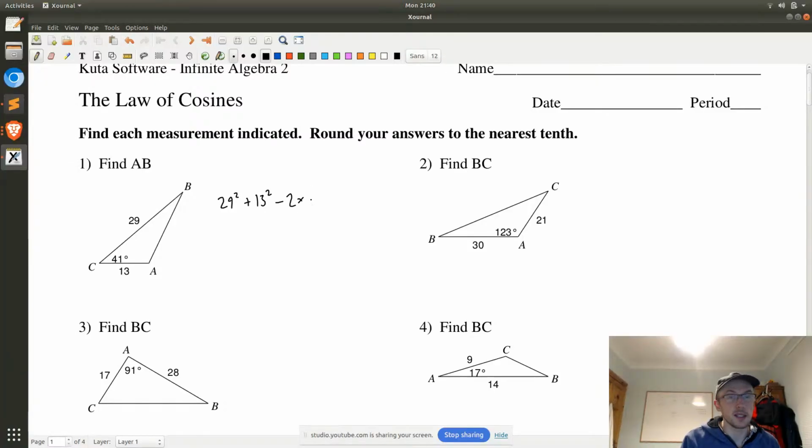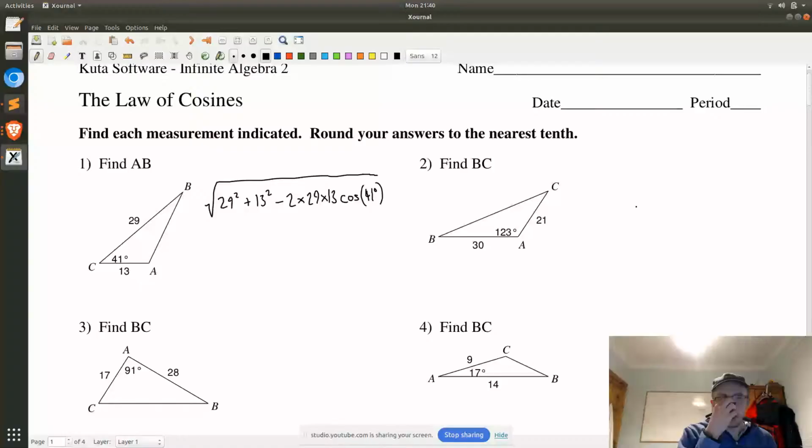Well, this is just applying the law of cosines. 29 squared plus 13 squared, take away 2 times 29 times 13, times by the cosine of the angle between them. All of that is whatever the length of AB is squared, and therefore I must square root it.